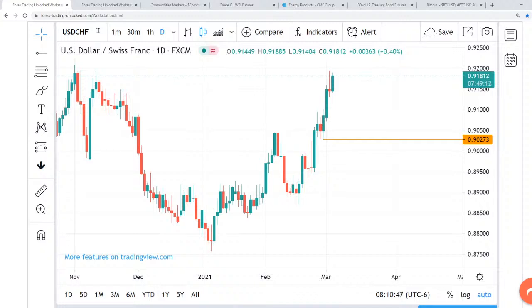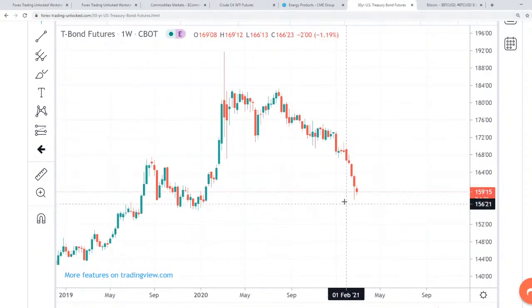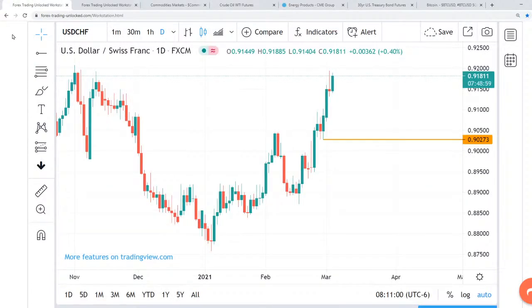Since the Swiss is now lower versus the dollar and trending lower, and since we have the 30-year futures that are tanking the way it is, and since we have oil that's also rallying, see, since we do produce oil, even though we are no longer going to be an exporter because of the new Biden executive orders, we still produce oil. So even though we will become oil dependent again, we are not totally dependent on it, whereas in Switzerland, they are completely dependent on it.